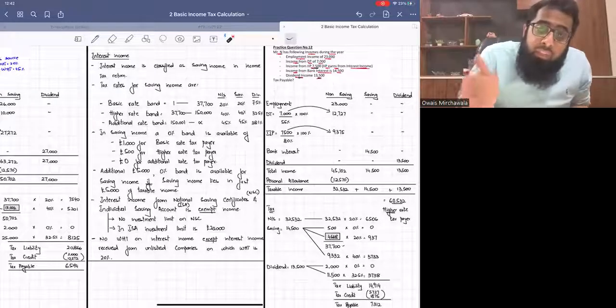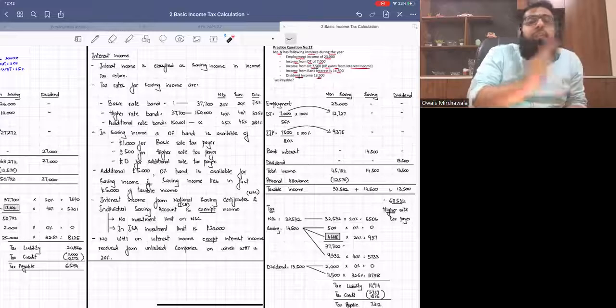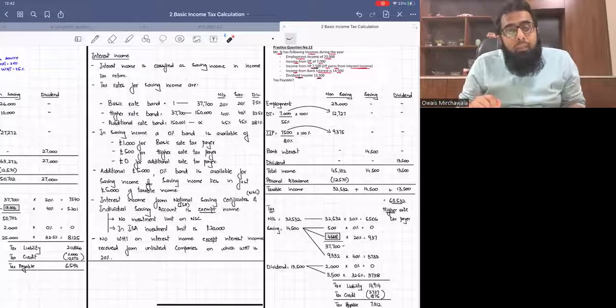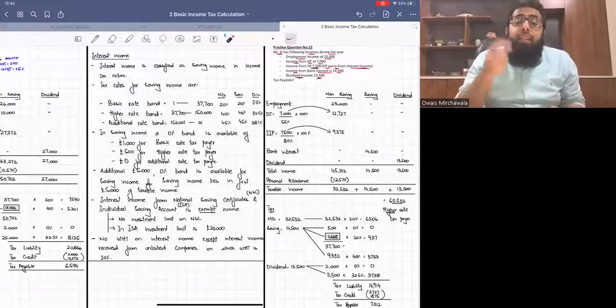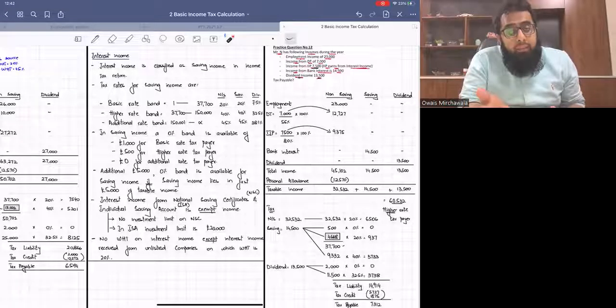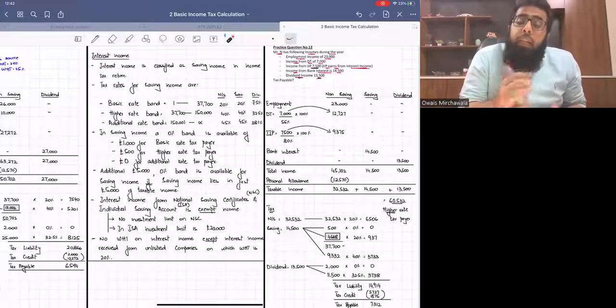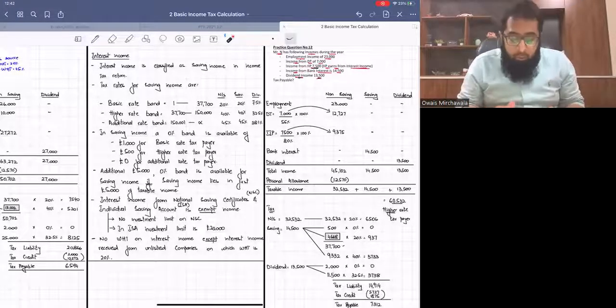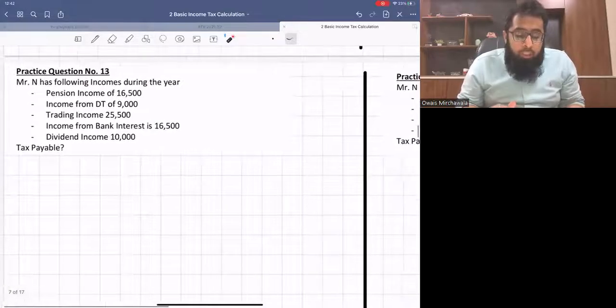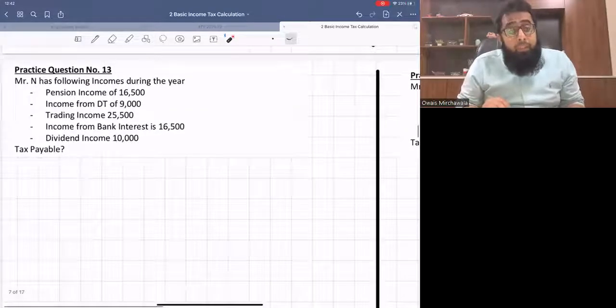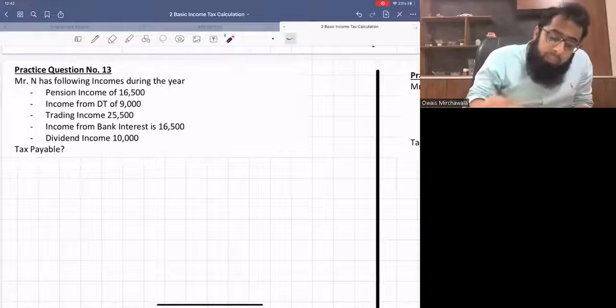The tax rates of saving income are the same as non-saving, but the only difference is that saving income gets some 0% band. I hope that you people are understanding it. Let's look at one more practice question before introducing further concepts so that you people can get clarity on it.